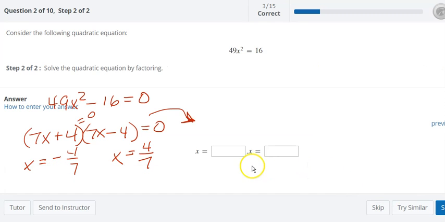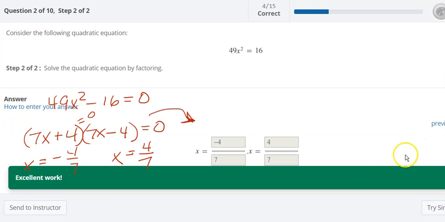And then they're going to ask for the solutions, and I'm going to put fractions in here, negative 4 sevenths, and here, fraction bar, 4 sevenths. Submit the answer, and that is correct.